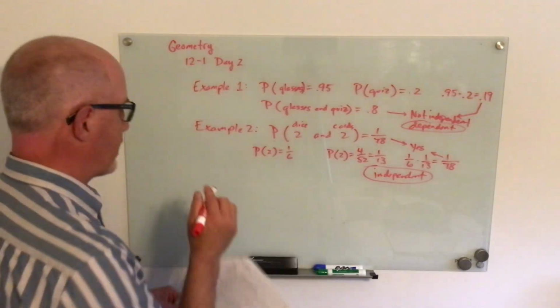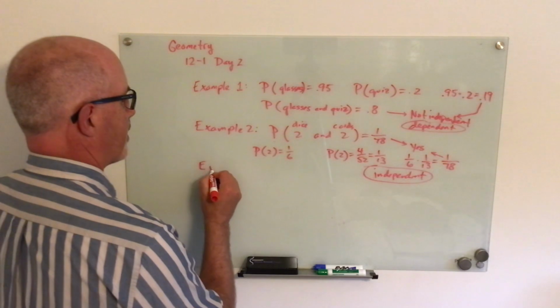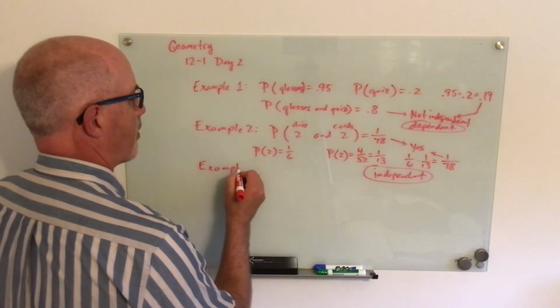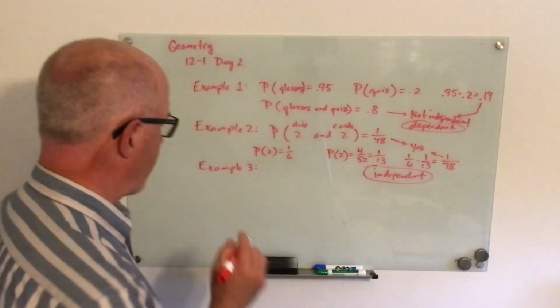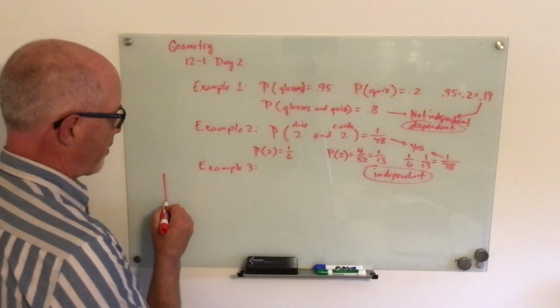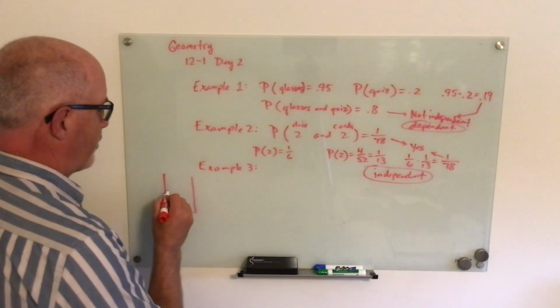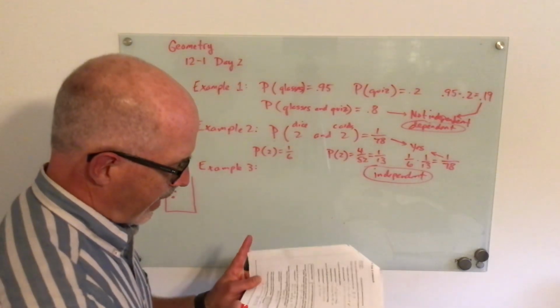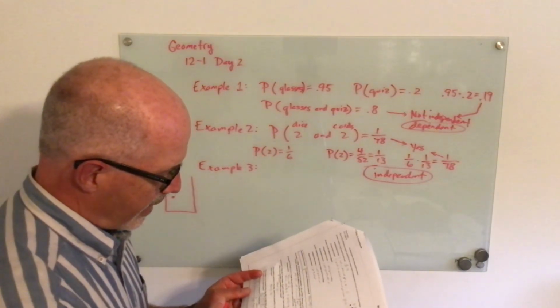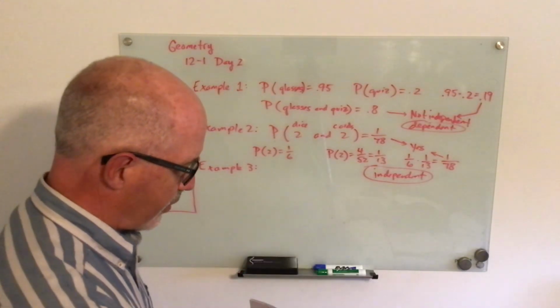All right, so let's do example 3. Now we've got several parts to this. Let's do each part. First of all, it says there are 3 red marbles. Let's do a little bag over here of marbles. Okay, so there's 3 red marbles. And we've got then, looks like we've got 6 green marbles.